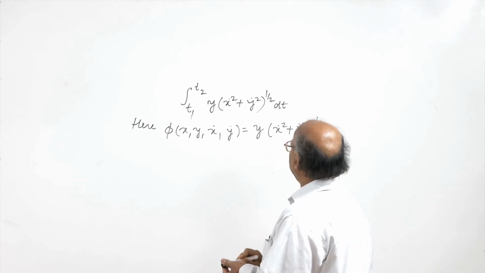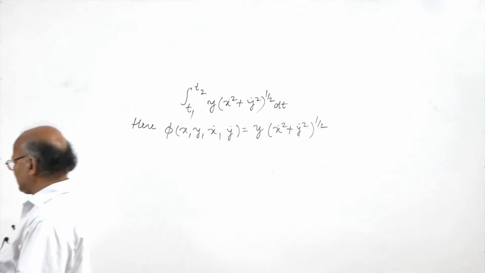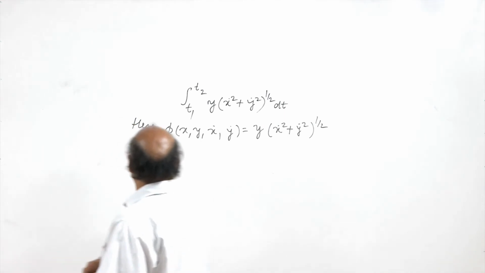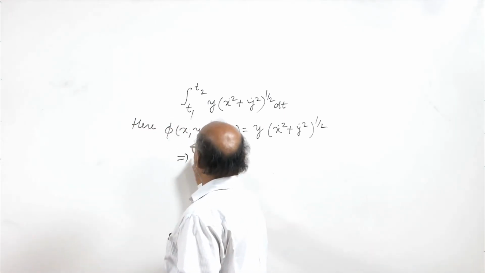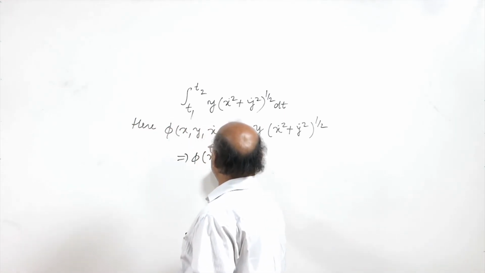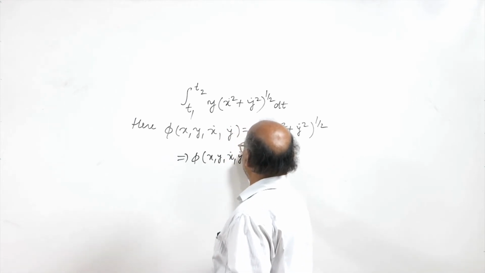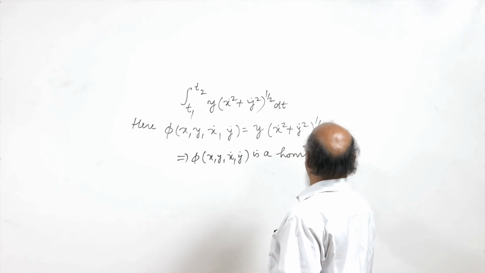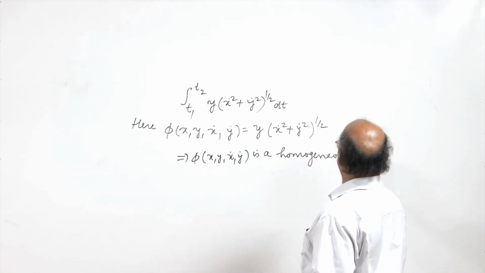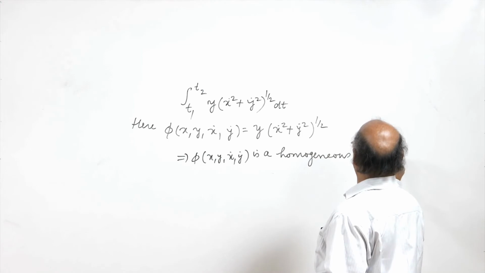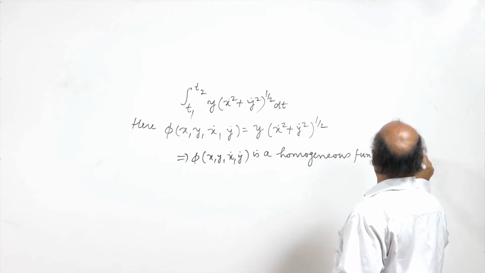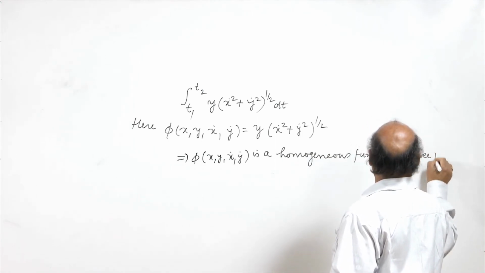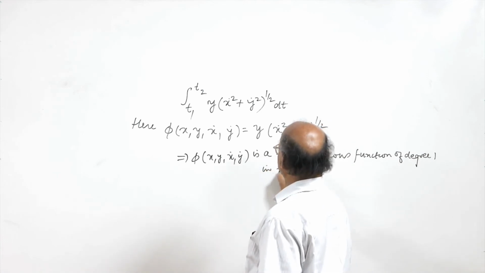So this will give you k y into (x dot square plus y dot square) to the power half. So phi is a homogeneous function of degree 1 in x dot and y dot.